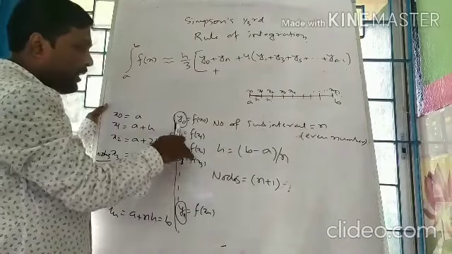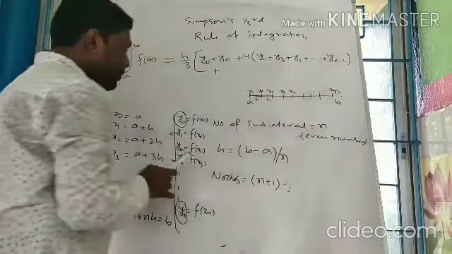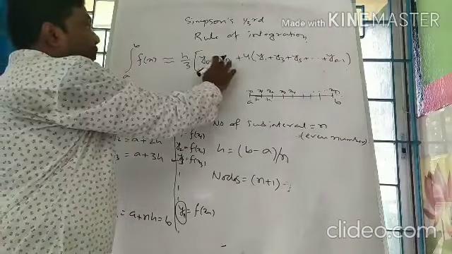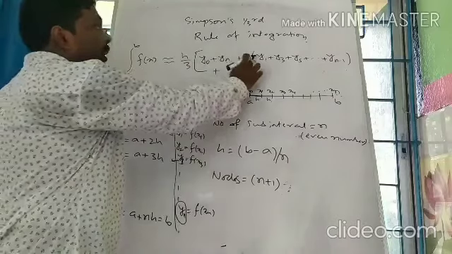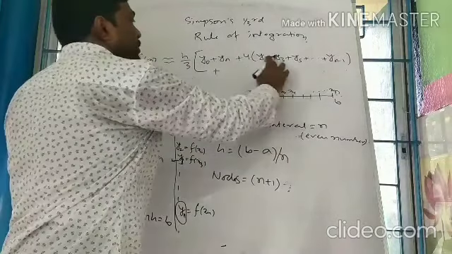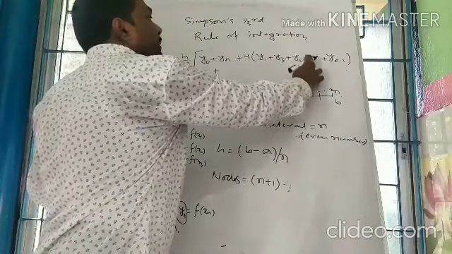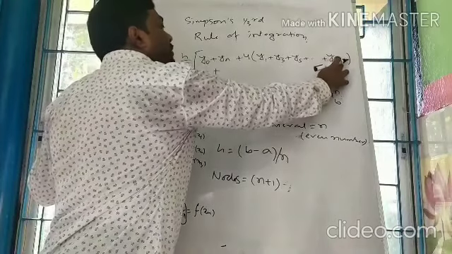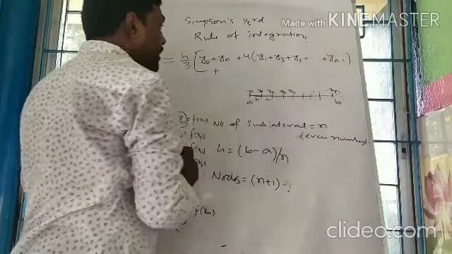So the last odd ordinate is y(n minus 1). So it is y0 plus yn, the sum of first and last ordinates, plus 4 into the sum of all odd ordinates, y1 plus y3 plus y5 plus up to y(n minus 1).